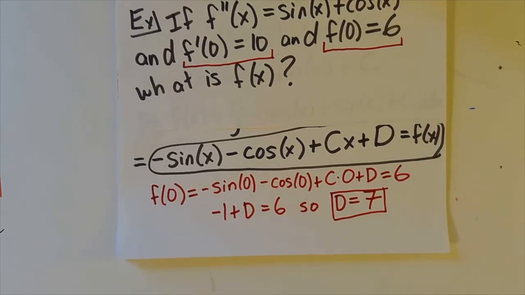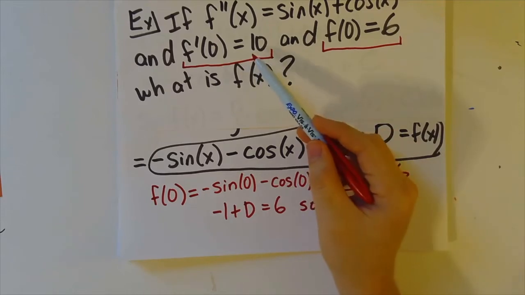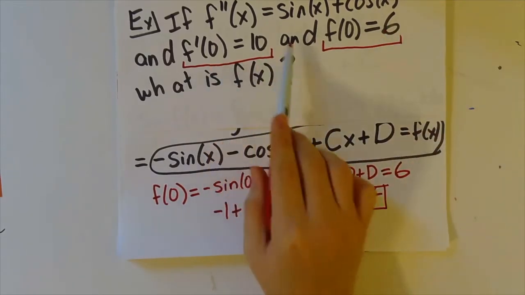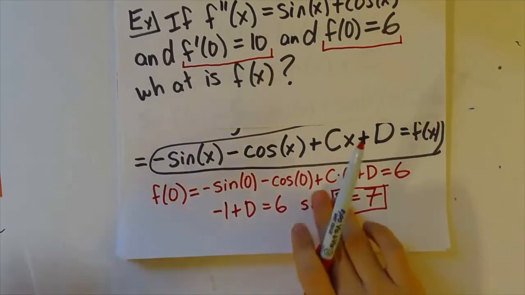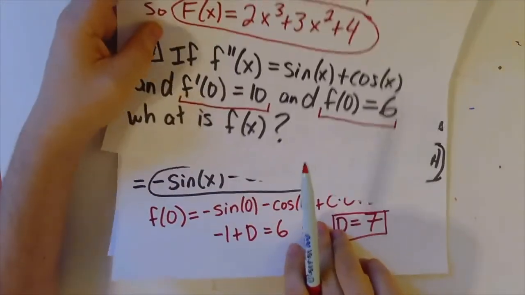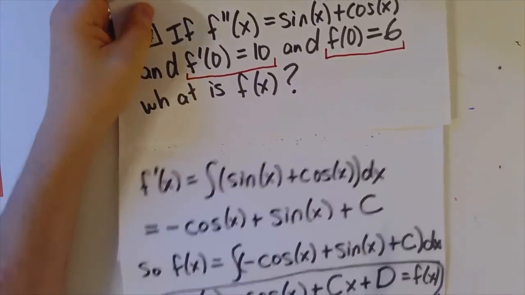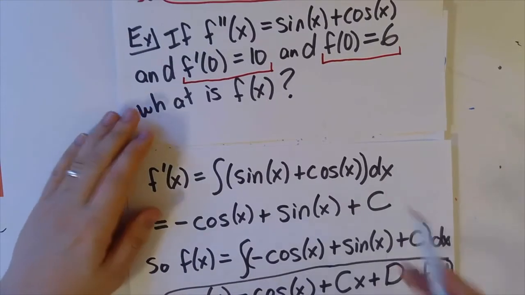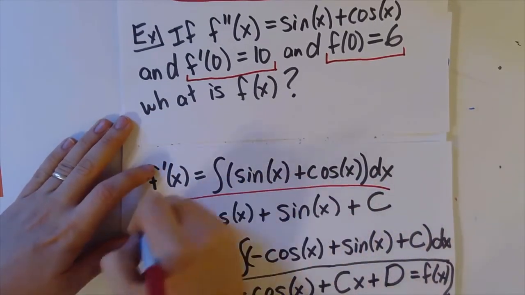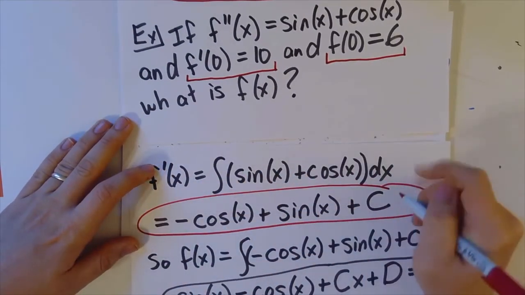Okay, so that gives me that piece. Okay, but I was also given an initial condition about the derivative at 0. Okay, so then I have to rewind time a bit and go back to where I wrote down the derivative. That was back here. This was f prime of x.